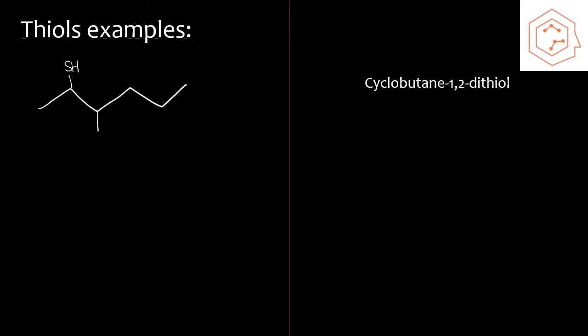So to end off this lesson, we have 2 thiol examples. We're going to start with the name example on the left. So we can identify the substituent groups present here. We see that we have a sulfhydryl group, and we also have a methyl group present. Now, the sulfhydryl group has the highest priority on this chain.